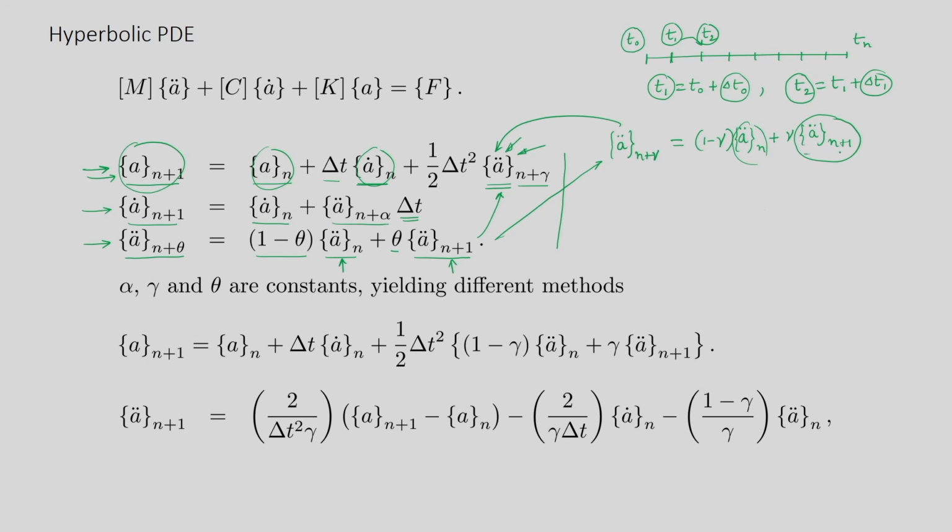If I do that, here is what we get. If I use the third expression, replace theta equal to gamma, and put it in the first expression, we will get what I have written over here, and from here we will just obtain this in terms of all the other terms present here.